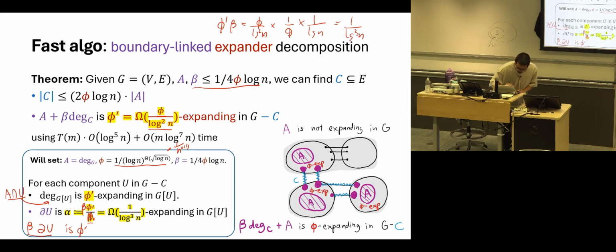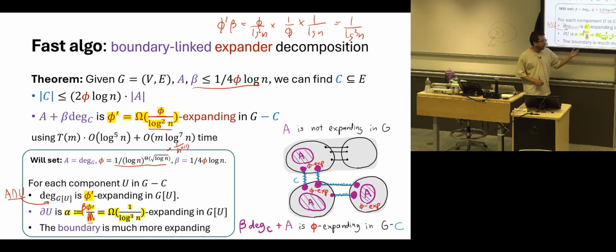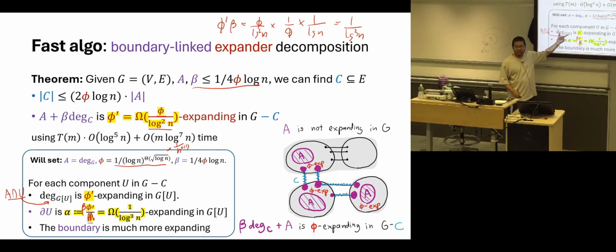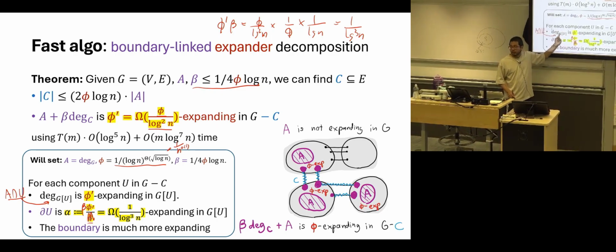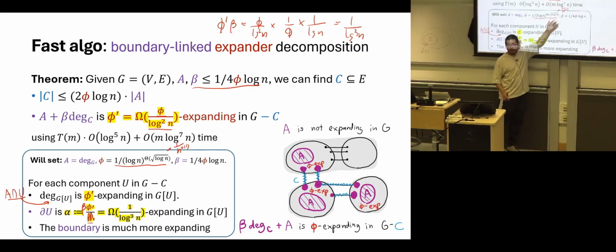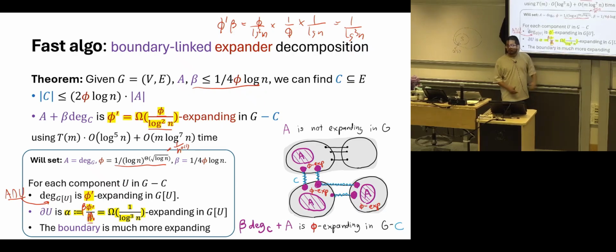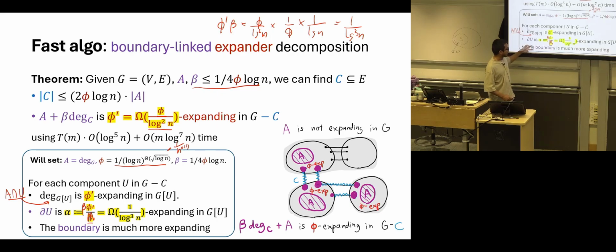Okay. So my point is that the boundary is much more expanding than the node weighting, than the degree node weighting. The degree node weighting is just 1 over n to the little o(1) expanding, but the boundary is 1 over log cube expanding. This is the message here that you need to understand. Are we good?